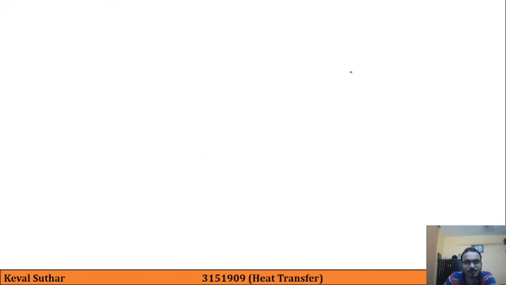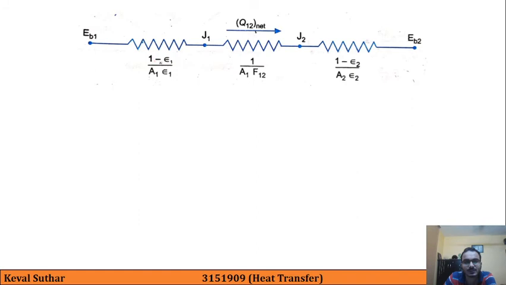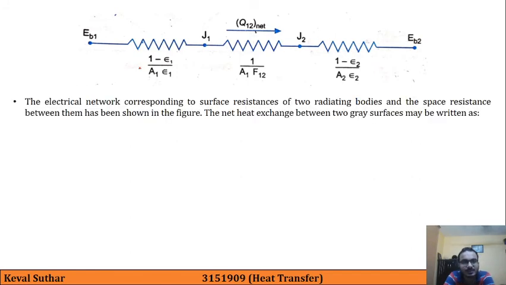So the same is shown with this figure, that here in this way we have the surface resistances present in this case. So the electrical network corresponding to the surface resistances of two radiating bodies and the space resistance between them is shown in the figure.